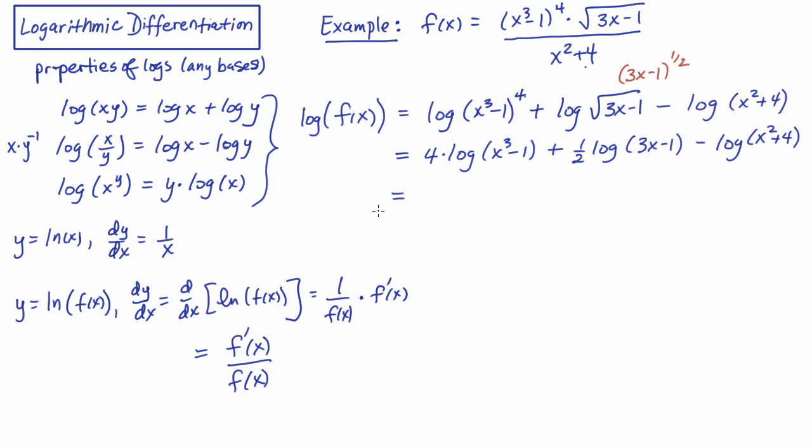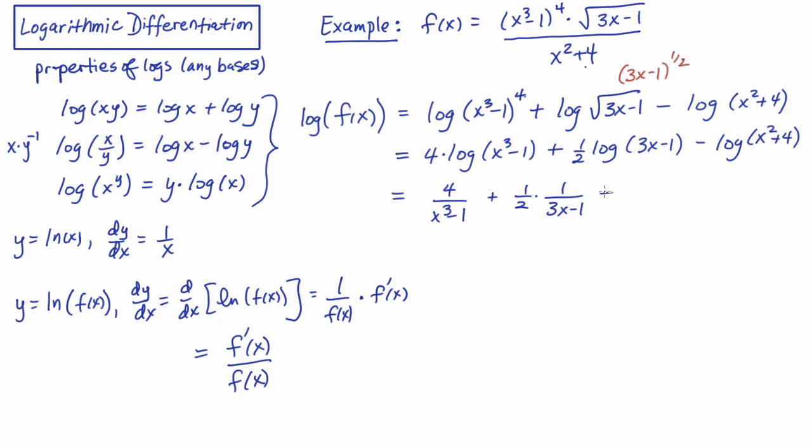All right. Now we're at a stage where I actually can take some derivatives. If I look back over to my derivative rules and I'm doing the derivative of the log, it's 1 over the inside. So in this case, the derivative of this is 4 over x cubed minus 1. Plus, we've got 1/2 times 1 over 3x minus 1.